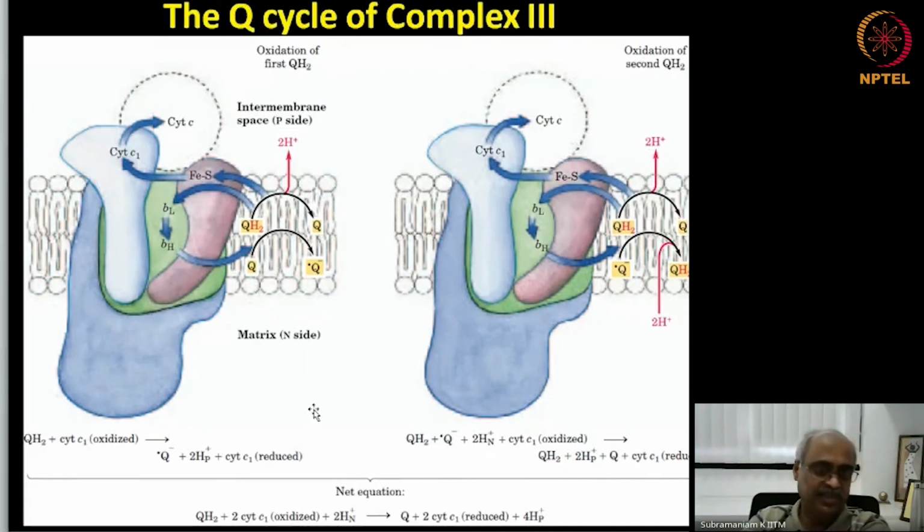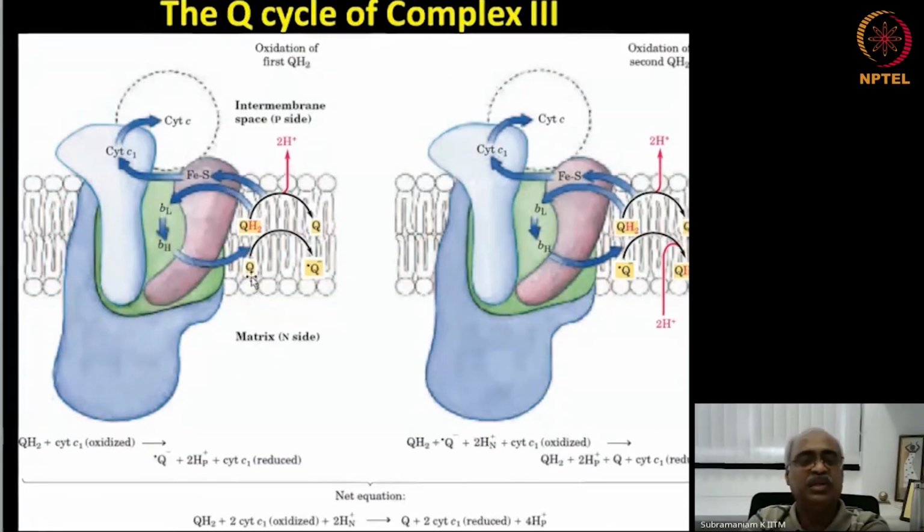So if you consider one at a time, it is not very difficult. All that you need to remember here is that out of the 2 electrons taken from fully oxidizing a fully reduced ubiquinol, only one is transferred to cytochrome C. The other electron is shuttled back by cytochrome B to a fully oxidized ubiquinone, and that is reduced to the semiquinone radical.